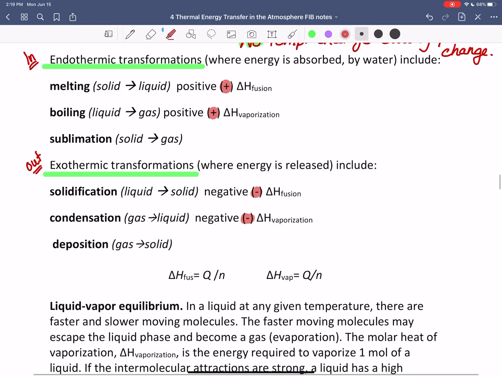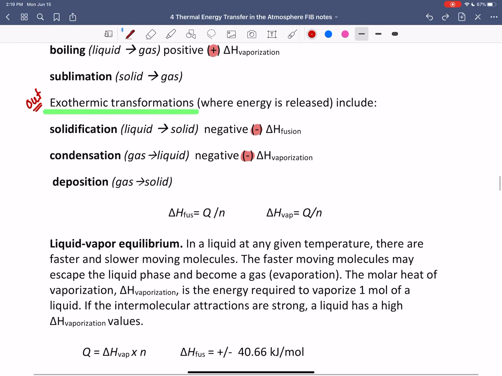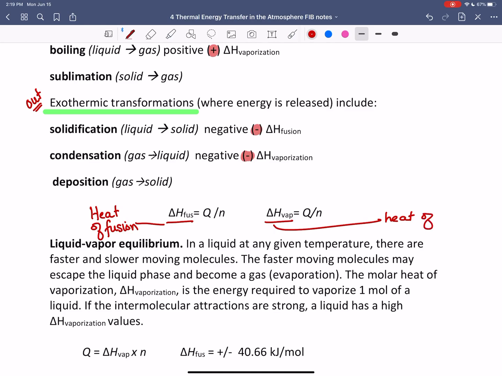And what we see here is we have the formula where we have delta H fus, which is the heat of fusion. So that's what it stands for. And this is the heat of vaporization, which are, again, going to be two givens. So they're going to be two variables that are given to you.